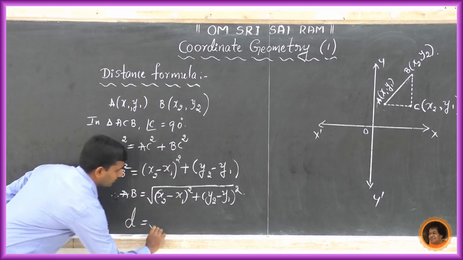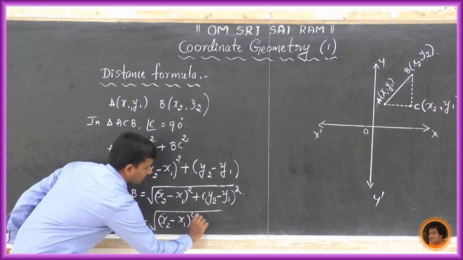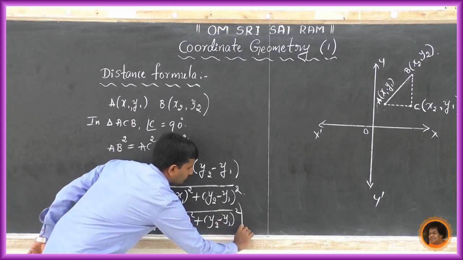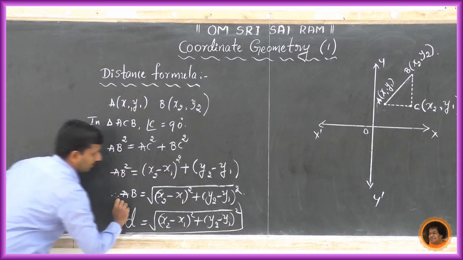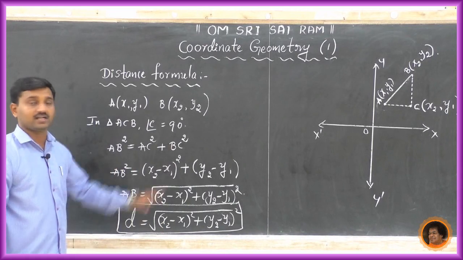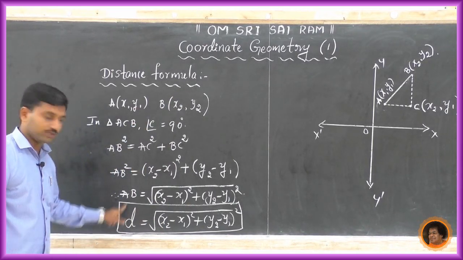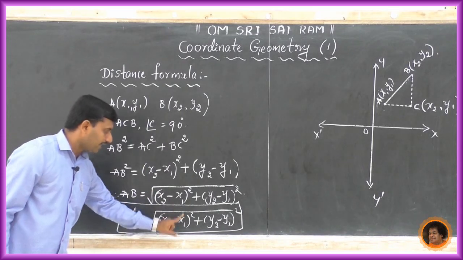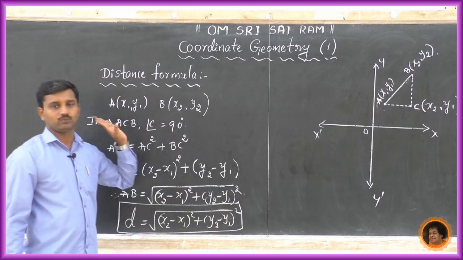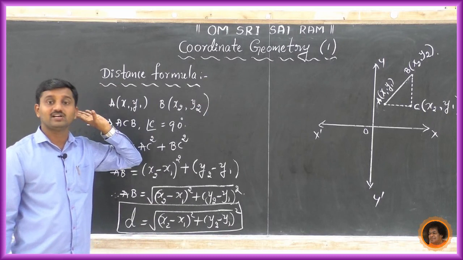So D equals the square root of x2 minus x1 whole square plus y2 minus y1 whole square. This is the formula to find the distance between any 2 points on the Cartesian plane or the Cartesian system.